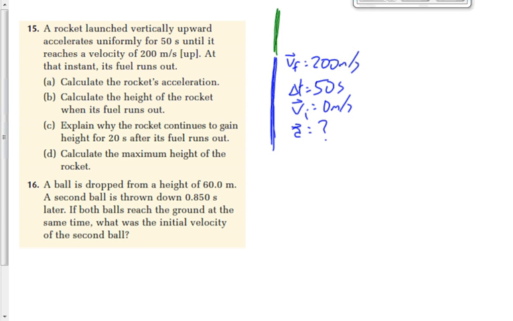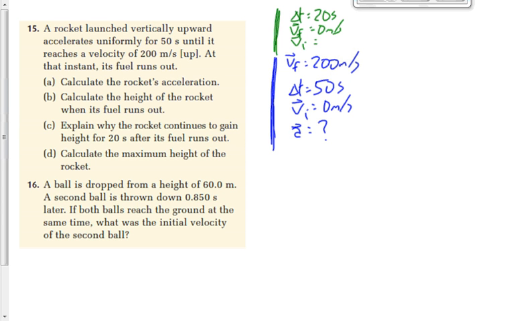Now, in the second stage, after the fuel runs out and it becomes just gravity acting, we know a couple things about that one as well. We know that it goes for 20 seconds after the fuel runs out. We want to find the maximum height. So let's say VF for the second stage is 0. Do we know what VI is for the second stage?